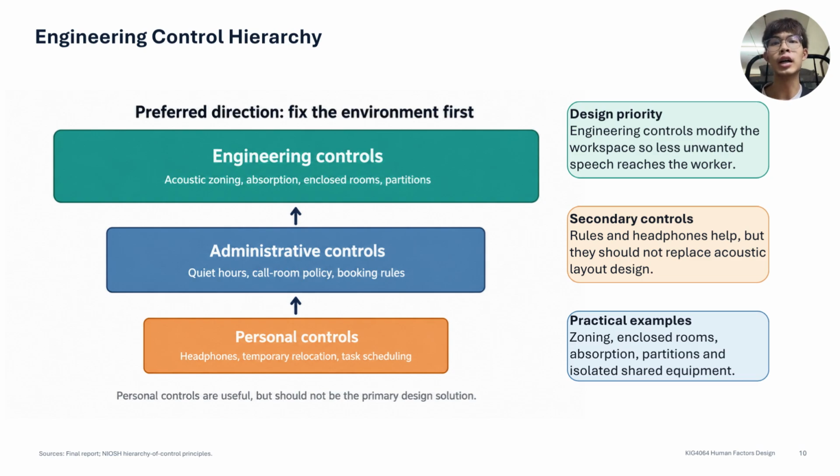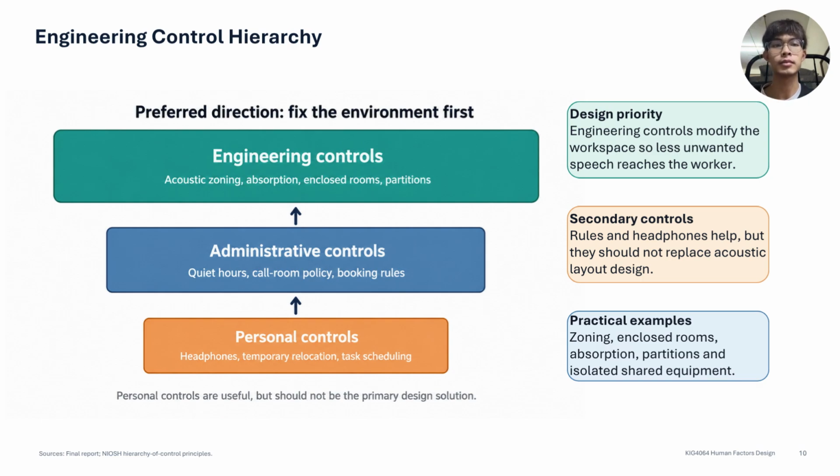The next one is administrative control, such as quiet hours and room booking rules, which can support the design, but it depends on user compliance as well. The last one is personal control. These include headphones or temporary relocation. These are useful as secondary measures. However, they should not be the main solution because they place the responsibility on the worker instead of correcting the workplace design.